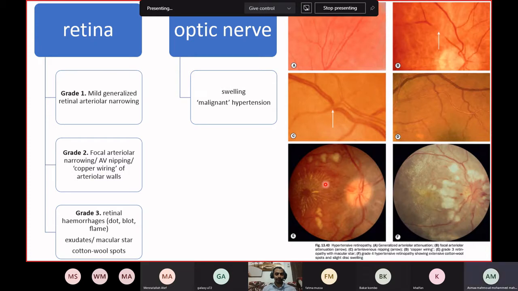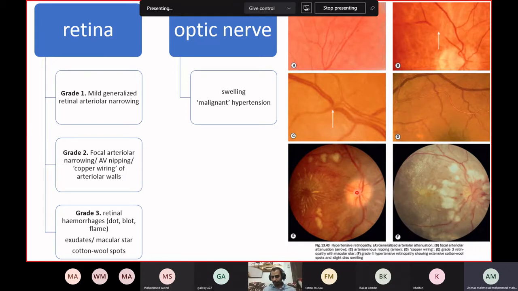Any idea? I think inner retina. In the inner retina, in the nerve fiber layer. This is why they assume this flame-shaped distribution, because it's the same distribution as the nerve fiber layer.